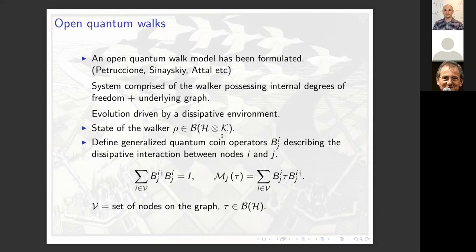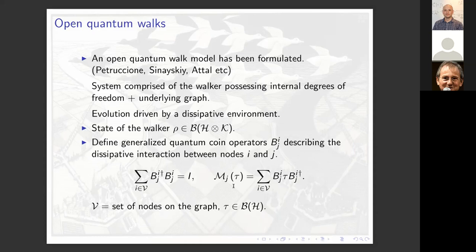So this quantum coin operator is describing a jump from site J to site I. We insist that these operators satisfy a normalization condition: summing over the index I, the expression B dagger B must give you the identity matrix.